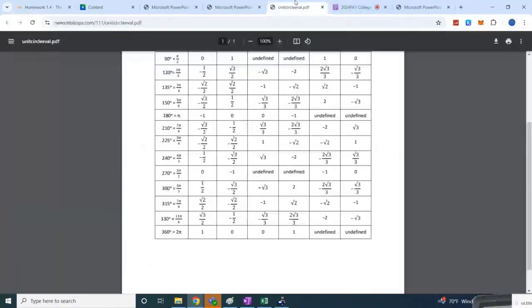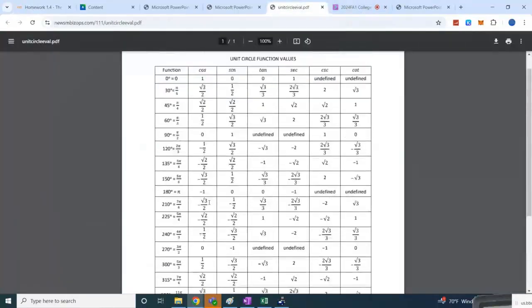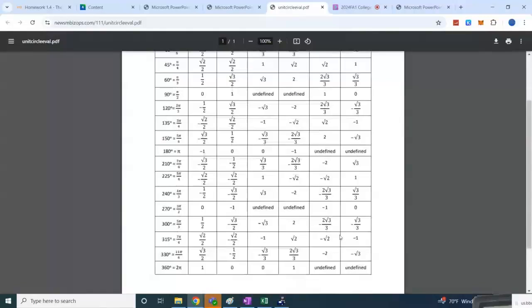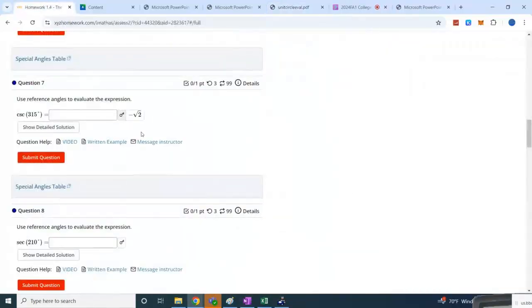I'm looking for the cosecant. I believe that's going to be negative square root of 2. So even though it asks you to use a reference angle, since we have the unit circle function value sheet, there's no need to use a reference angle. You can basically pull the value from that table.